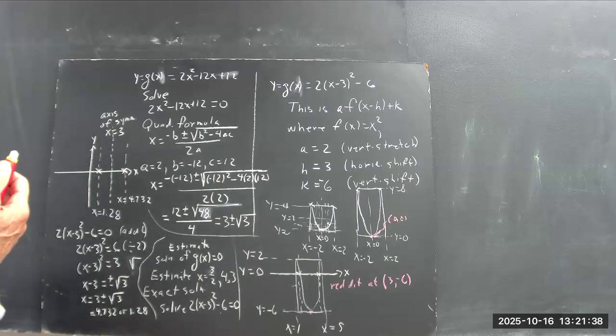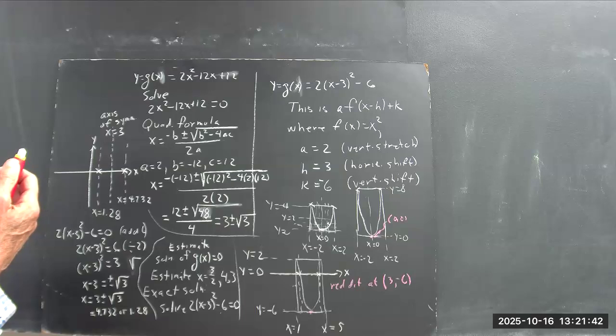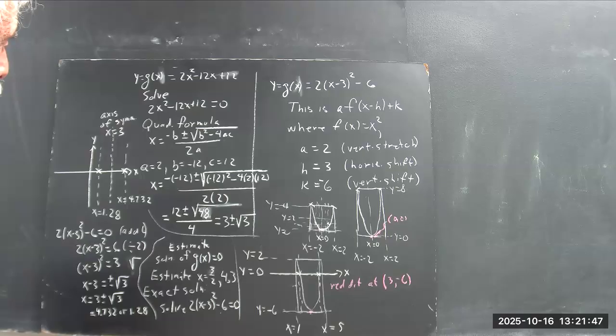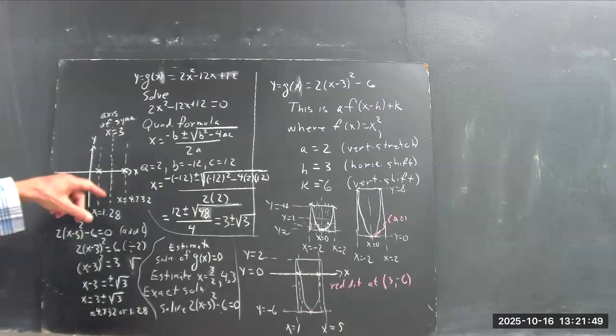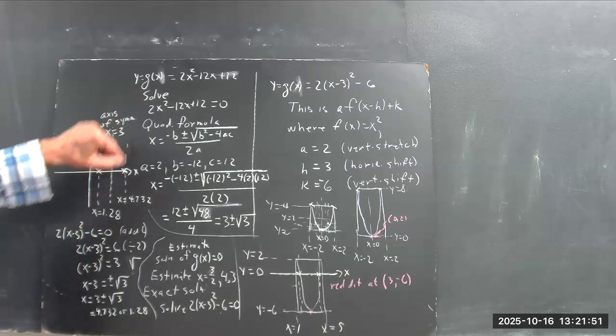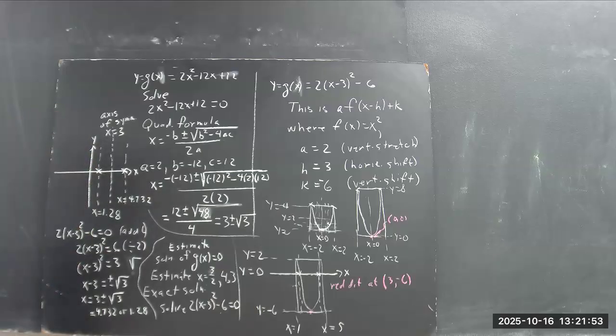What else do we need to know to sketch a graph of this thing? Well, if we knew the vertex and the zeros, we could sketch a parabola, couldn't we?